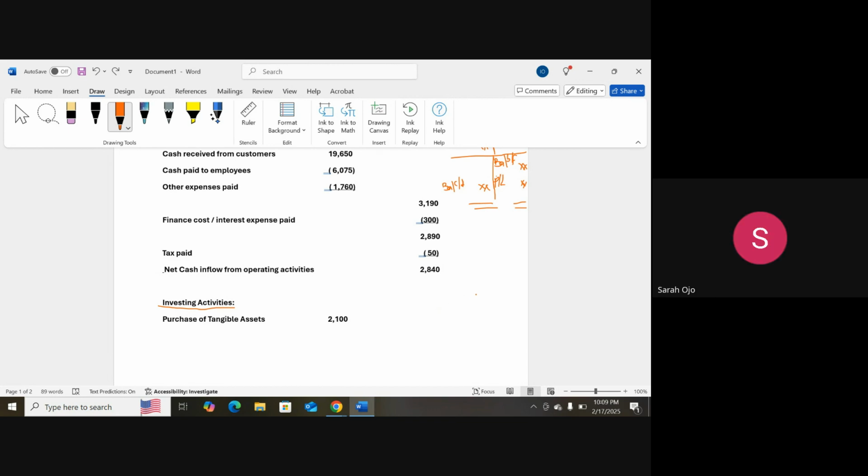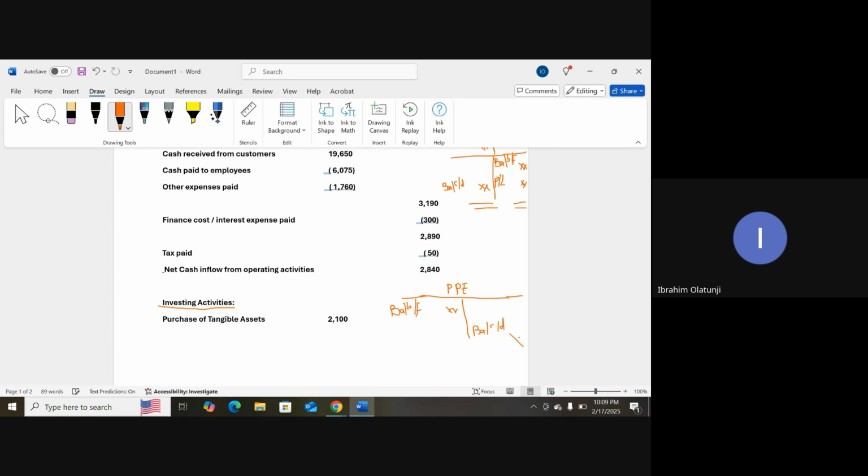Yes, sir. So let's assume the examiner is not giving you the figure, then you draw it and write the PPE that you want to calculate. Because an asset has to show a debit balance, the opening balance will be here as balance brought forward. You go to your balance sheet and check the balance brought forward of the asset. Then you come here and put balance carried down, which is the closing balance.